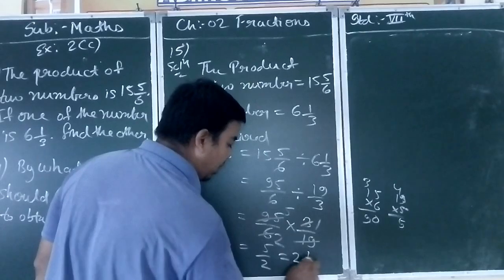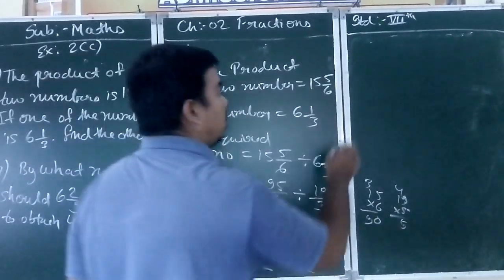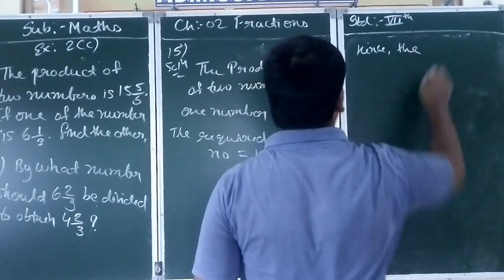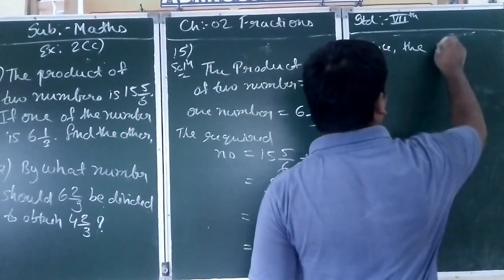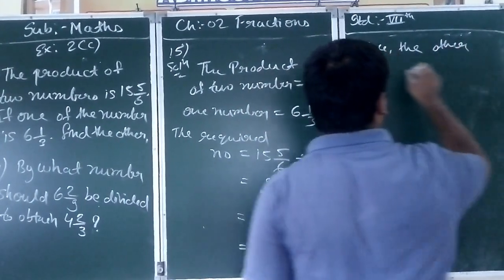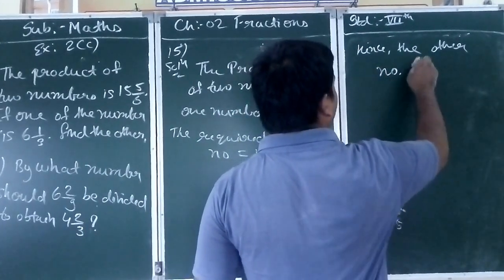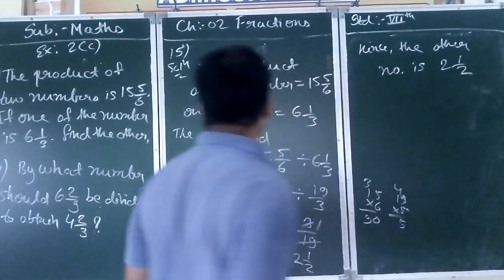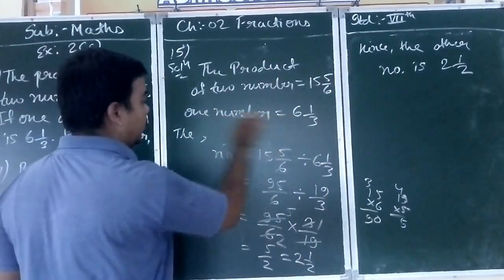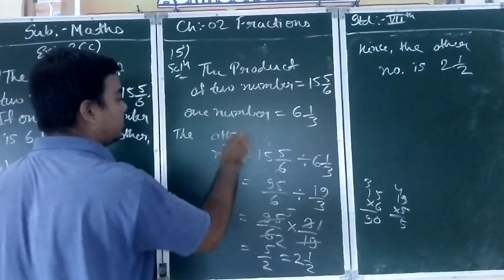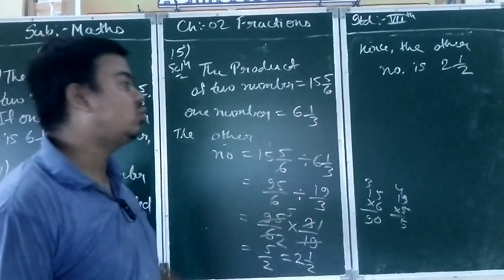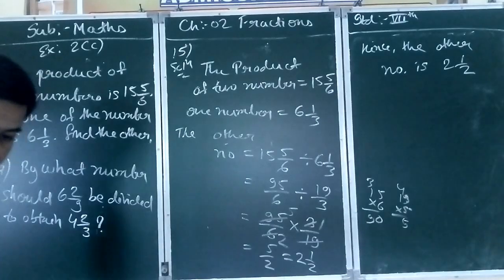So 2 1/2. Hence, the other number is 2 1/2. You write down the other number. Okay, the other number is 2 1/2.